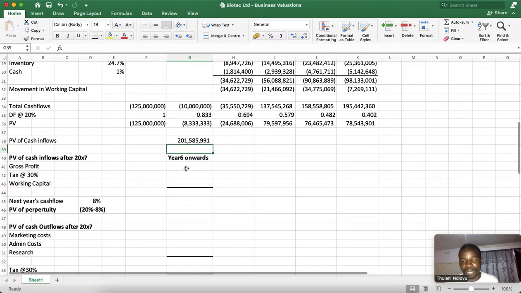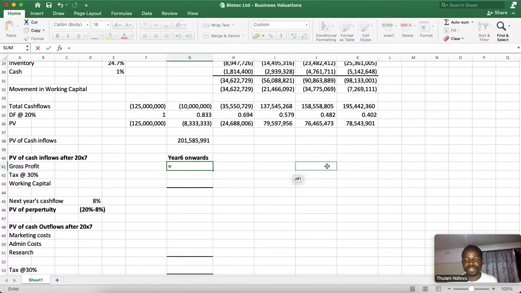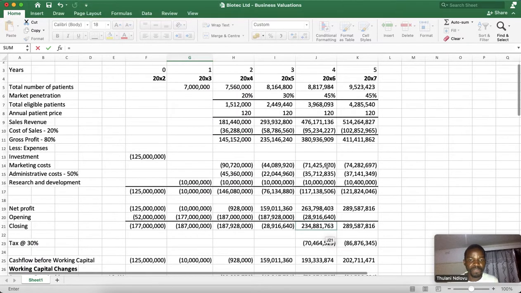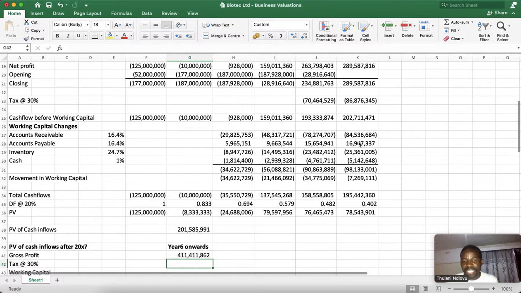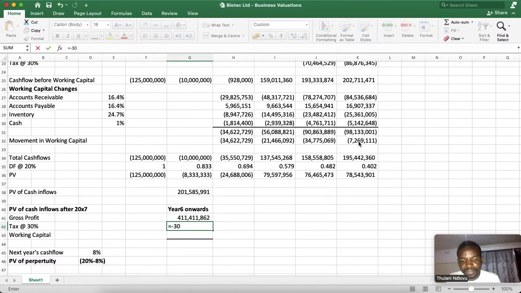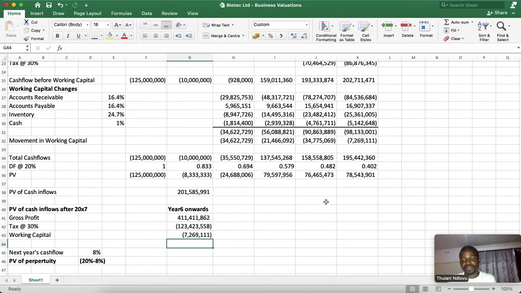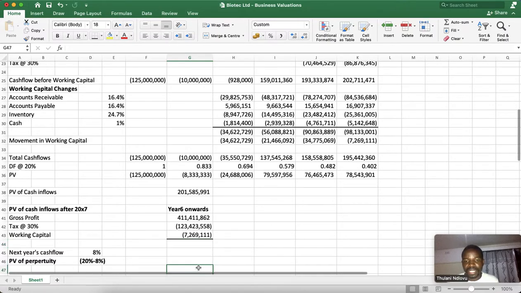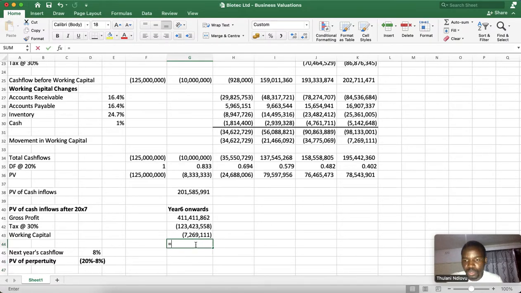By splitting them, we'll have to get our profit figure here. Our profit figure is that. Then we'll have to have tax on that profit at 30%. We will also have our working capital movement. Working capital is not affected by tax. Then from there, we have to sum that.